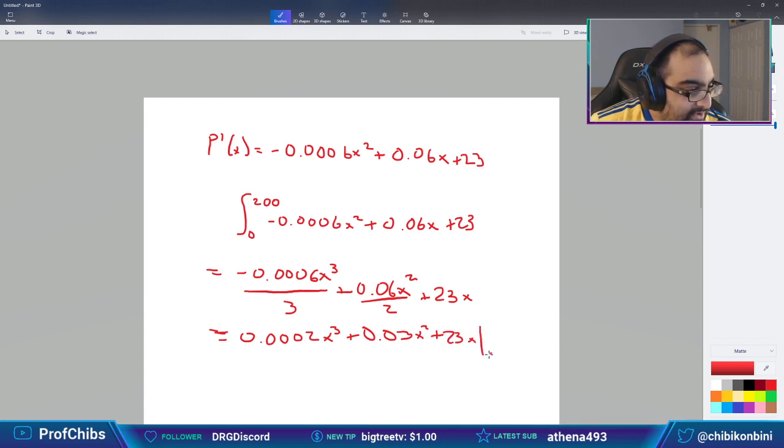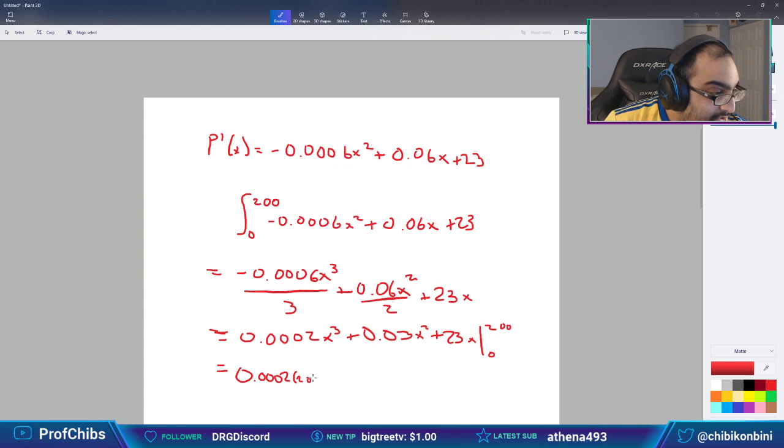Now again, we're going to evaluate this from 0 to 200, okay? We're going to do the definite integral here from 0 to 200. So let's plug in 200. So 0.0002 times 200 to the third, plus 0.03 times 200 squared, plus 23 times 200.